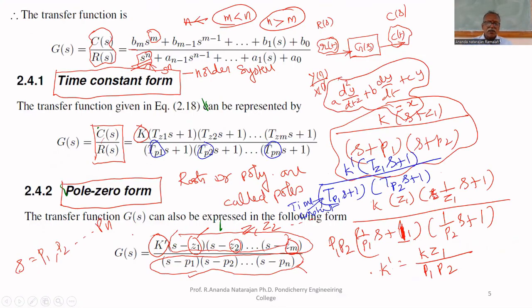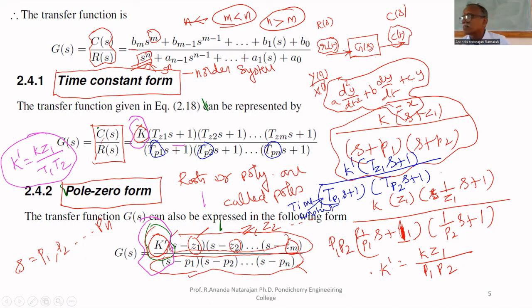While writing pole zero form, I wrote k dash. While writing in time constant form, it is written as k. K is not equal to k dash, because k dash equals k multiplied by z1 divided by tau 1, tau 2 for a second order system.